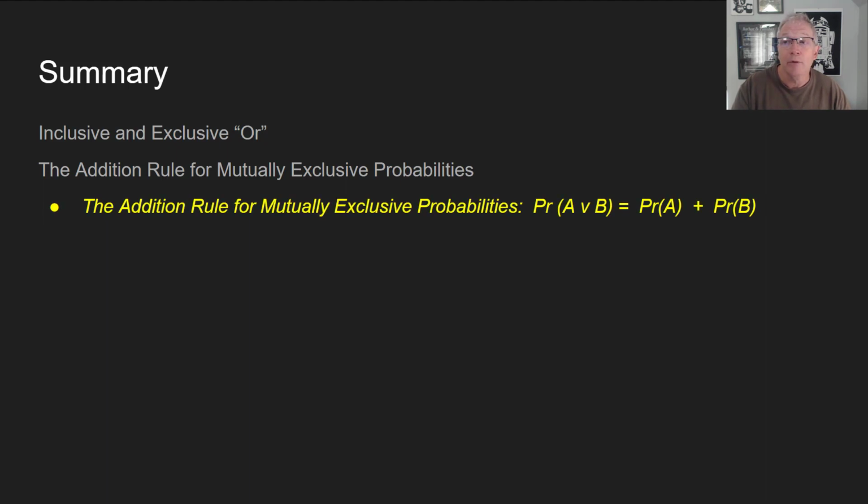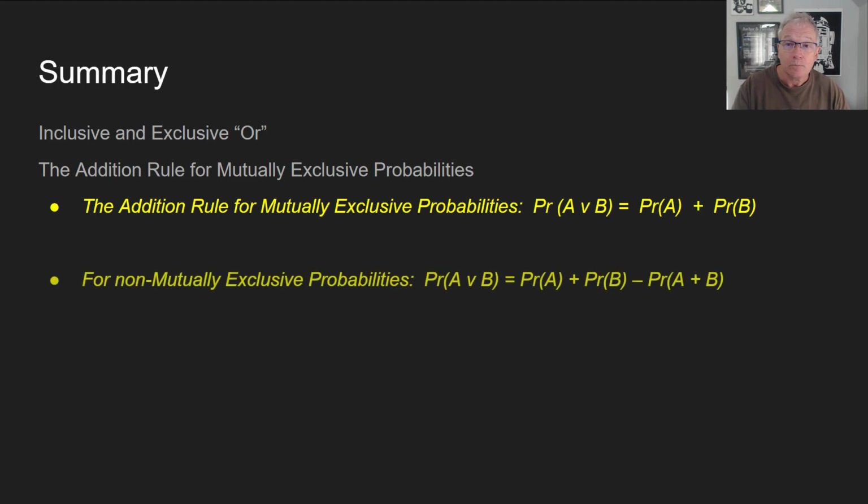The addition rule for mutually exclusive probabilities is that the probability of A or B is the probability of A added to the probability of B. When those events are non-mutually exclusive, when there's some connection between them, or there's some overlap, or we're double counting, then we calculate that by adding the probability of A to the probability of B, but then we subtract out the double counted part. We take out the probability of A and B in those kinds of cases. And we've got a bunch of those examples in the previous lecture.